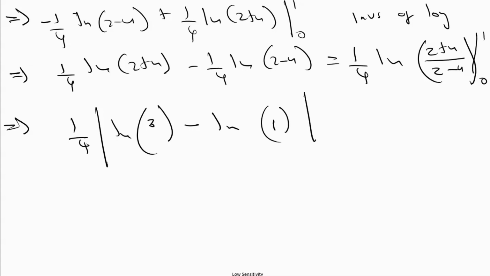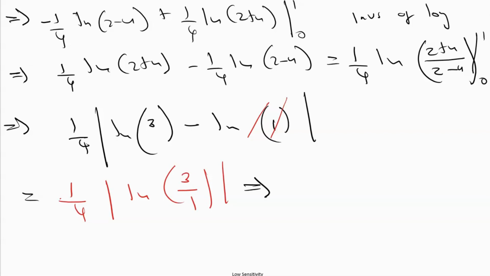So we know that ln 1 is 0, and we can rewrite this as 1 over 4 ln of 3 over 1, again using laws of logarithms. Therefore, our answer is 1 over 4 ln 3. So that's our solution right there.